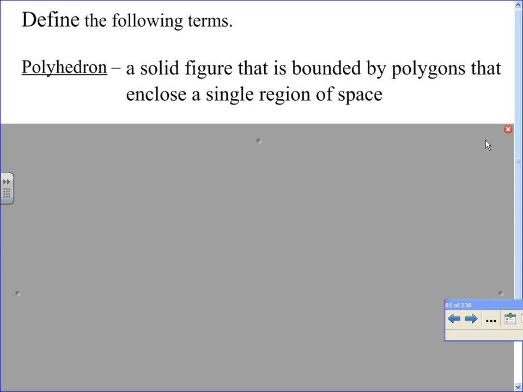Mary? Yep, here's one. Still is called a polyhedron. Polyhedron. We're going to get to that, so hold that thought.